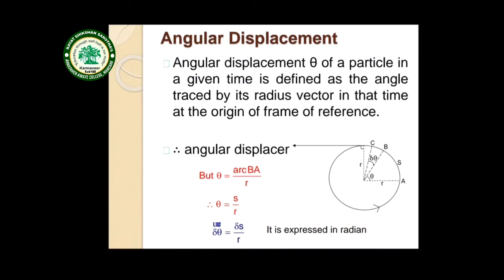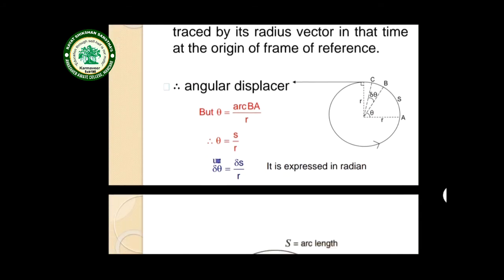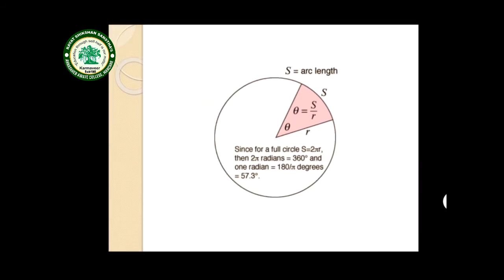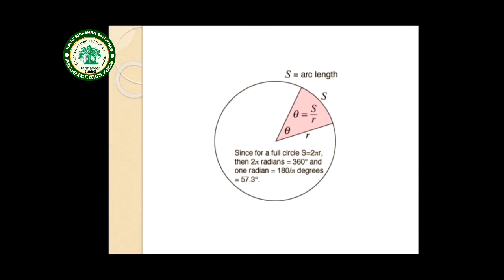Here theta is the angular displacement, S is the distance traveled by the body, and R is the radius of the circle in which it is moving. In simple words, the angular displacement of an object is the distance traveled by it around the circumference of the circle divided by its radius. This is the definition of arc length.